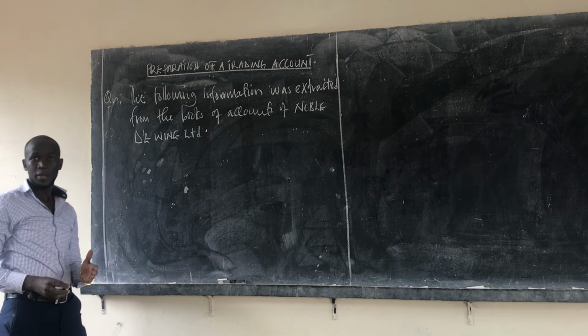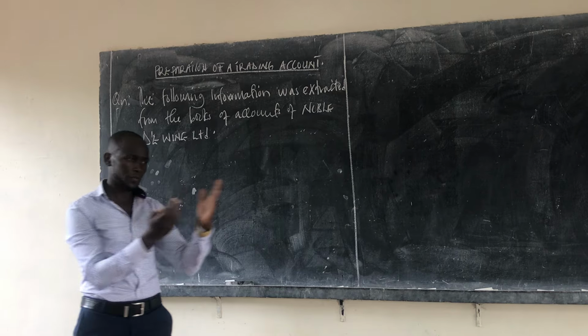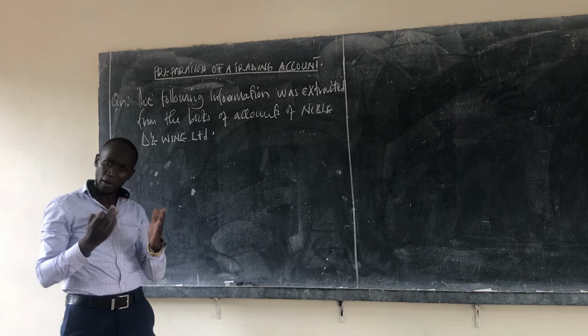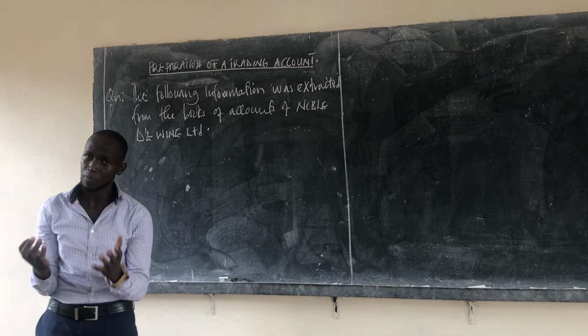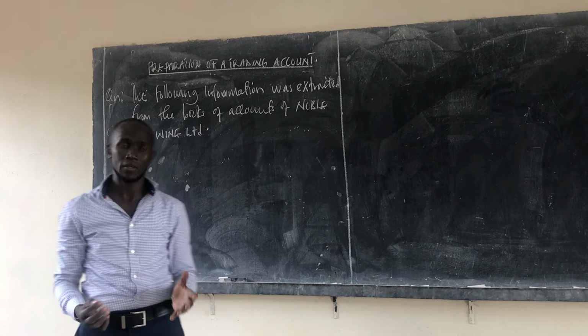When you look at this information, it is just information we got from Noble's business, and we want to see if this information is given to us, can we finally find the gross profit using the given information?